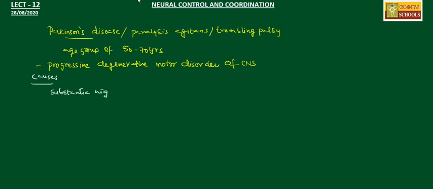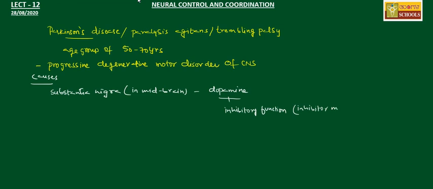This substantia nigra actually secretes a hormone called dopamine, and this dopamine has an inhibitory function, so it inhibits motor activity.